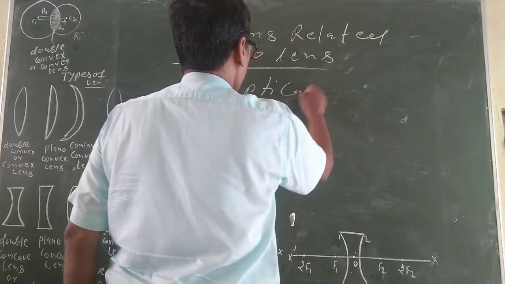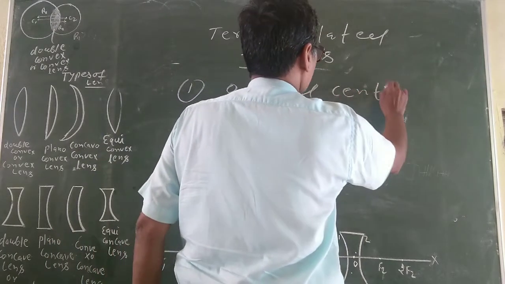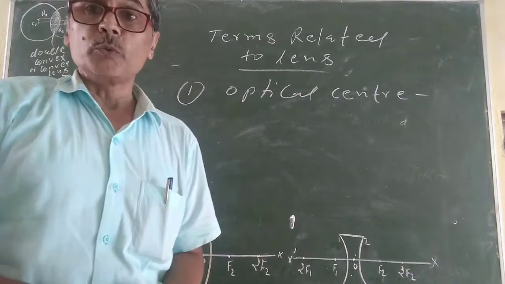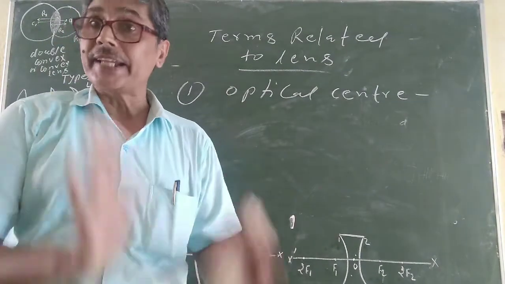Optical center is the central point of a lens through which a light ray passes undeviated.